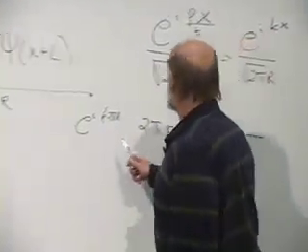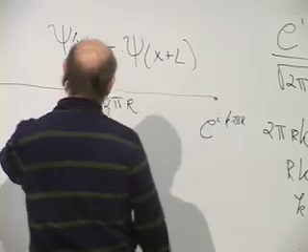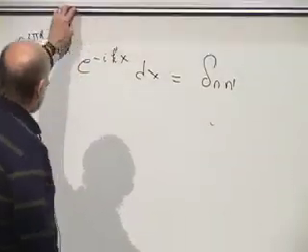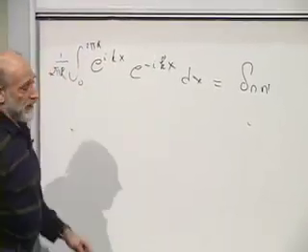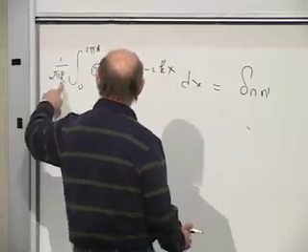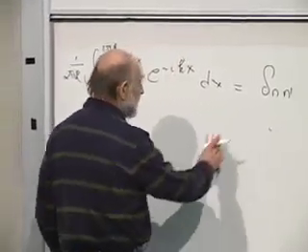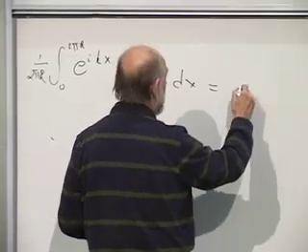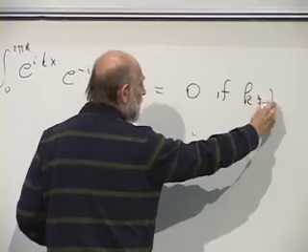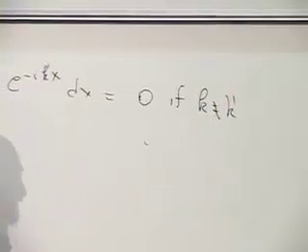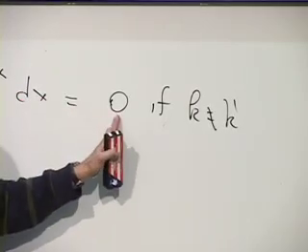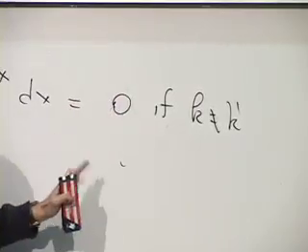Now that's not going to change the fact that if we take two different ones, the integral will be 0. That's not going to be affected by multiplying by r. It'll be 0 if k is not equal to k prime. That will still be true. But what if k is equal to k prime? Originally, we had 1 there.